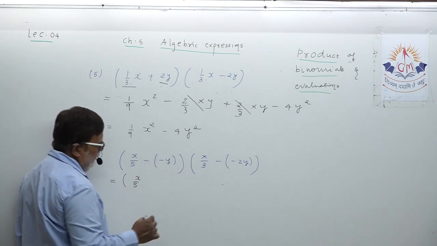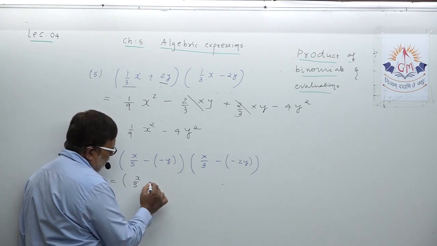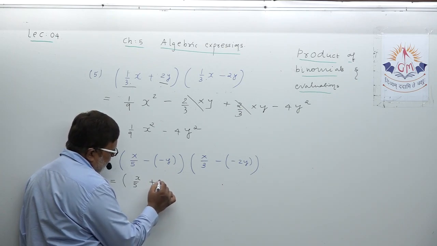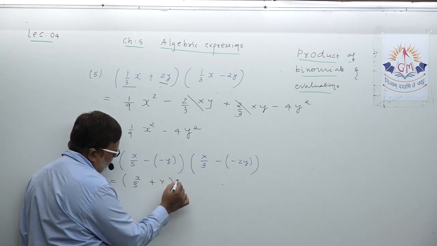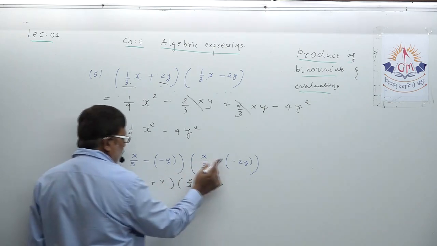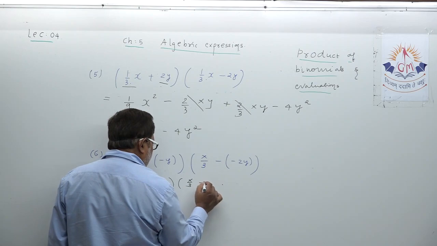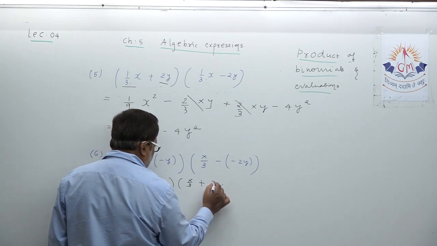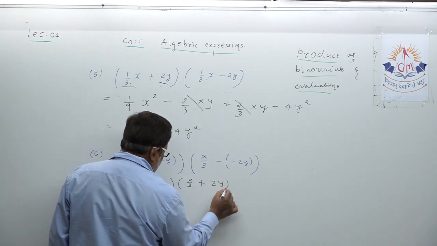x upon 5 minus plus, second bracket, x upon 3 minus plus 2y.